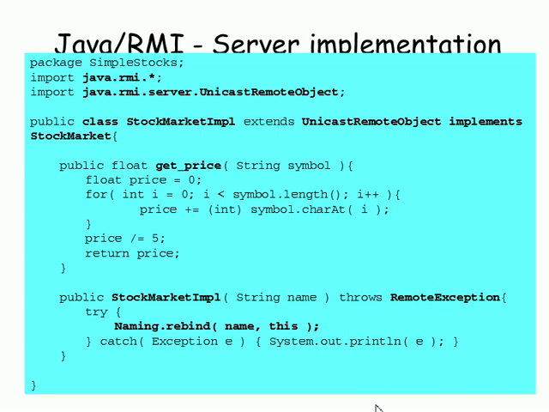Can I invoke get price remotely? And the answer is no. And the reason why is because it doesn't throw a remote exception. So if I had it throws a remote exception, then I could invoke it remotely.